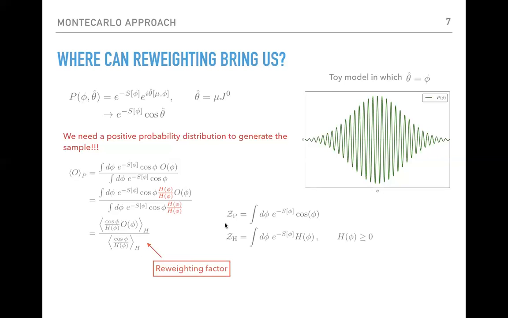So we have at the end two partition functions, Z_P and Z_H. Z_P was the original one, which is oscillatory, and now Z_H is a helping one, which has the property that H is bigger or equal than 0. So the question is, how do we choose H in a sensible manner to perform this strategy? Is there an optimal positive function that we can reweight from?